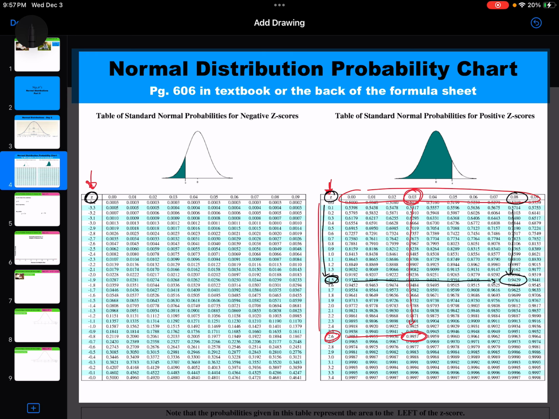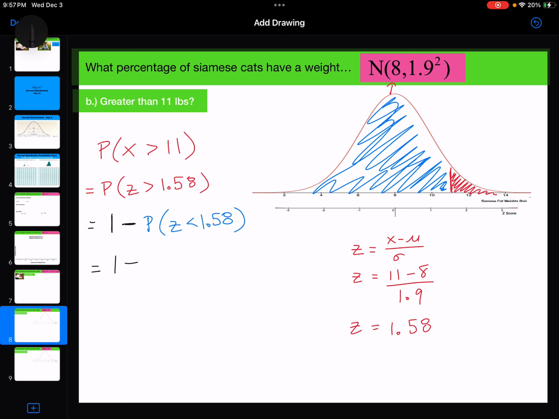Okay, so hopefully you got that same section as me, 0.9429. And then we just do the subtraction.